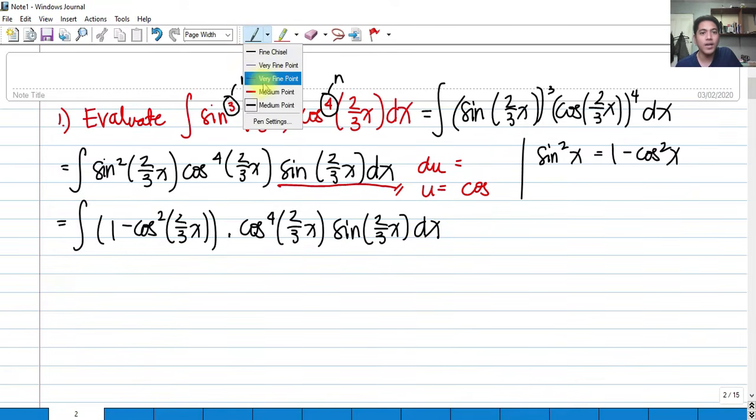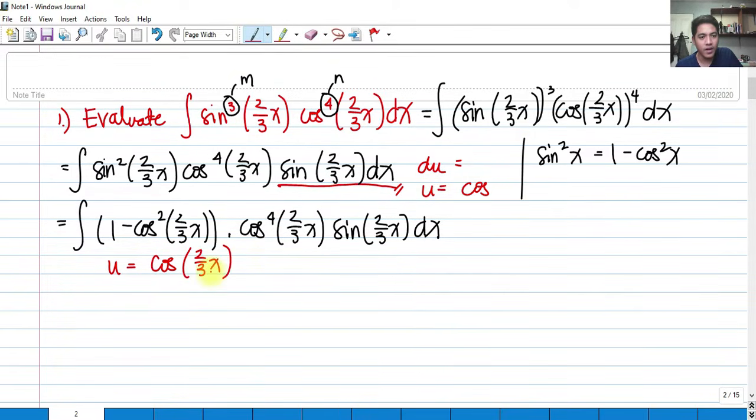And then voila, we can perform u substitution by letting u be the cosine of 2/3 x. Then our du would be, of course, let's differentiate this.